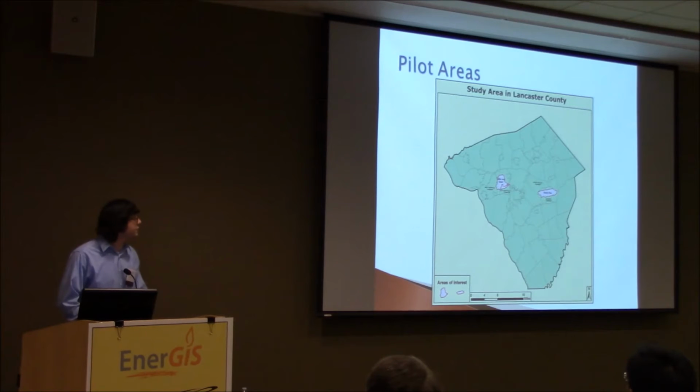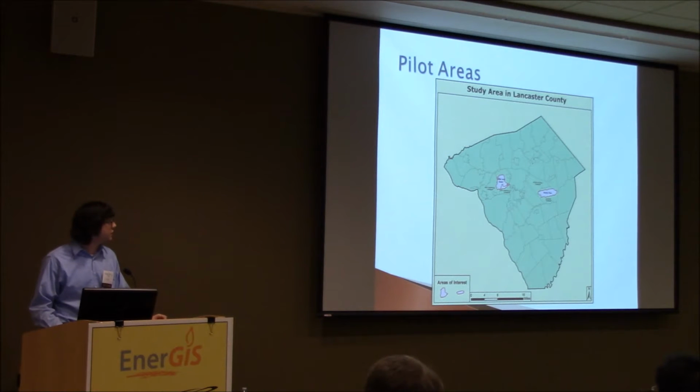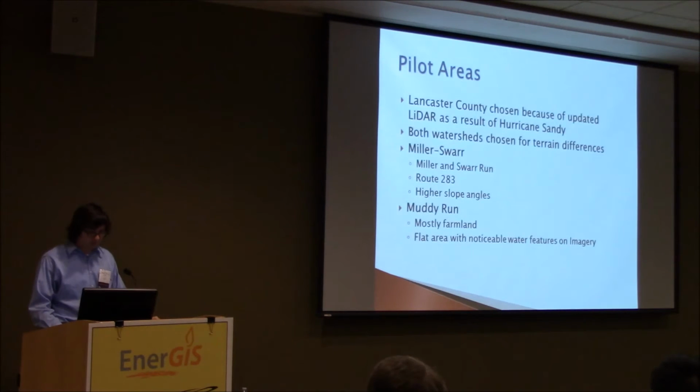So the pilot areas were the Miller and Swar area on the west side and the Muddy Run watershed on the east. And this area was actually chosen because of Hurricane Sandy. PA Map was done in 2006 and 2008, but there was new LiDAR created for just Lancaster County, or well, surrounding areas, including Lancaster County.